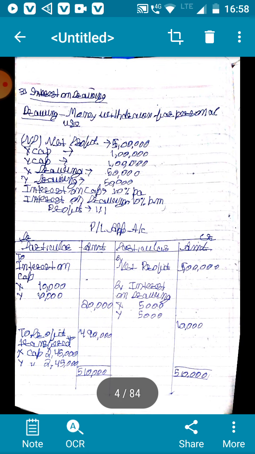So here the partnership deed has not provided the profit sharing ratio, so it should be shared equally, that is 1 is to 1. So divide 4 lakh 90,000 by 2, as there are two partners, that is 2 lakh 45,000 and 2 lakh 45,000.